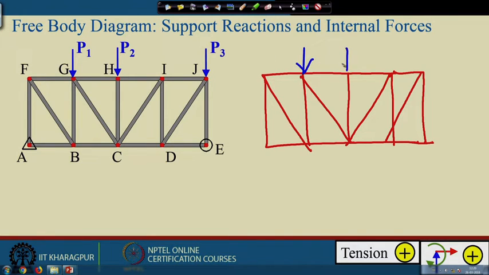This is a force, and then we have another force P3 here, so this is P3, P2, and then P1. And then we have the support reaction at E, it is a roller support.